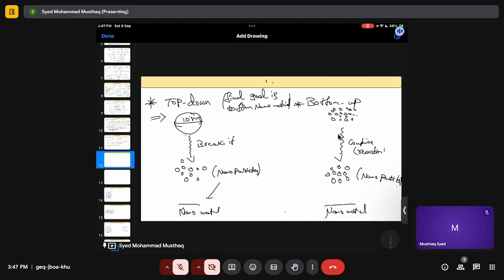Right. So it's like a line. Whether I come from larger dimension to nano range or even smaller dimension to nano range.